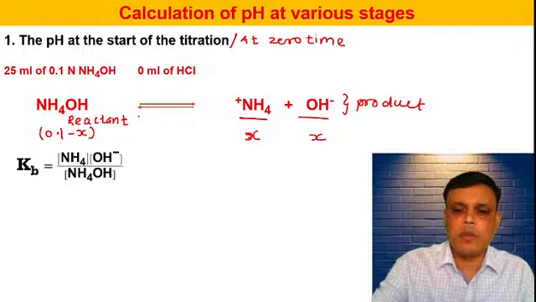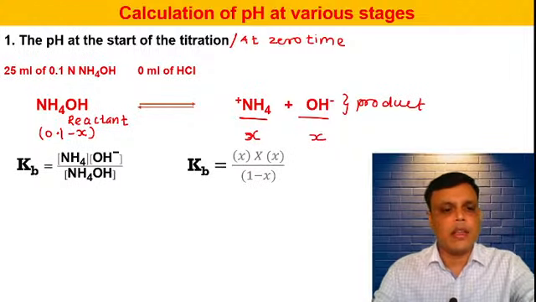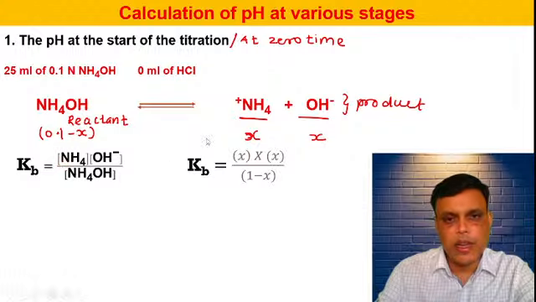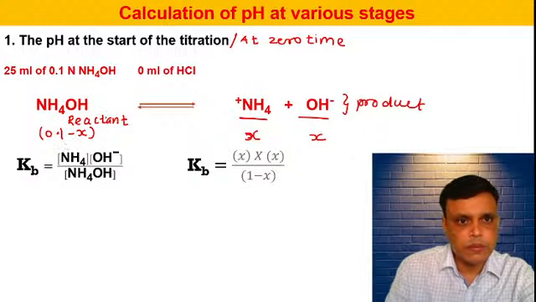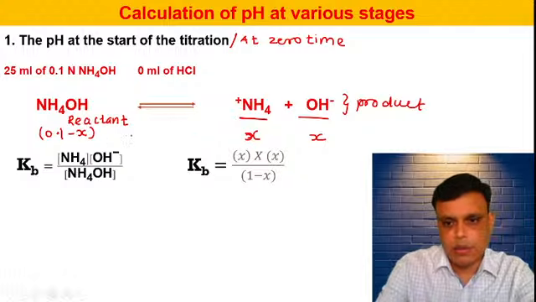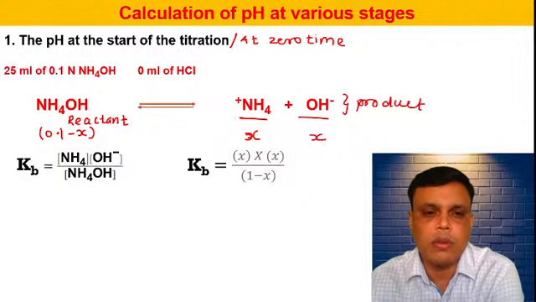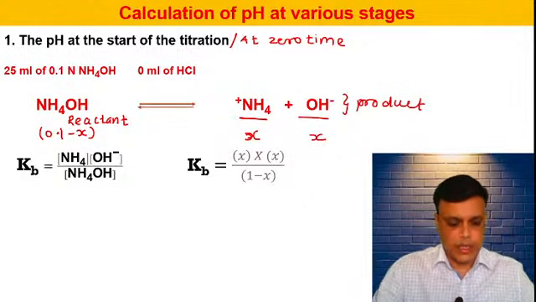So we will just put this value in this equation. You will get Kb is equal to x, the concentration of ammonium cation, into x, the concentration of OH minus ions, divided by the concentration of ammonium hydroxide, that is 0.1 minus x.